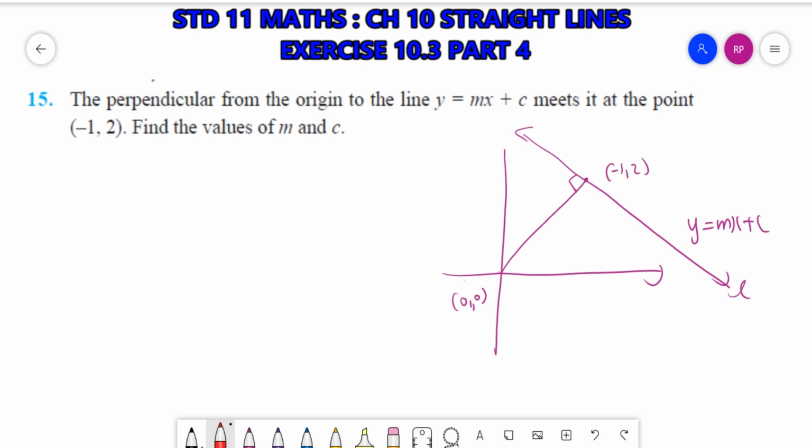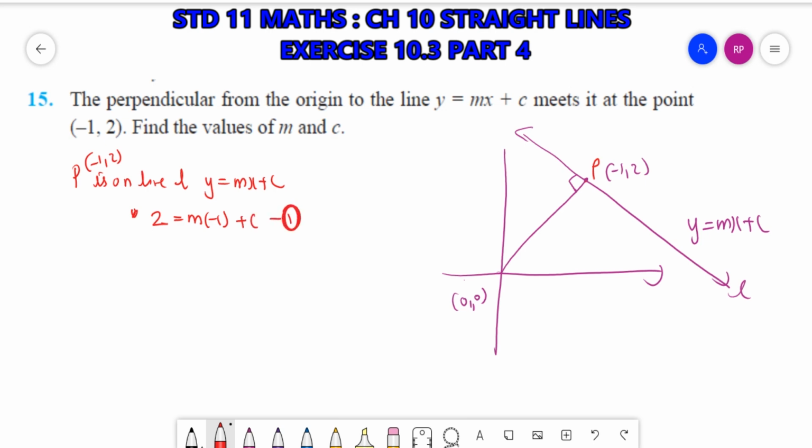Now see, we can clearly see that this point P is on line L, that is y equal to mx plus c. So I can write y, that is 2, for point P minus 1, 2, equal to m times x, which is minus 1, plus c.